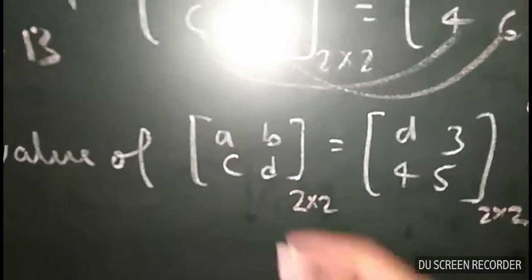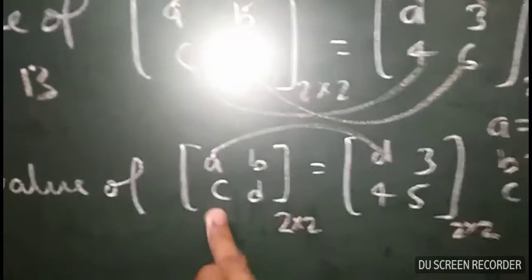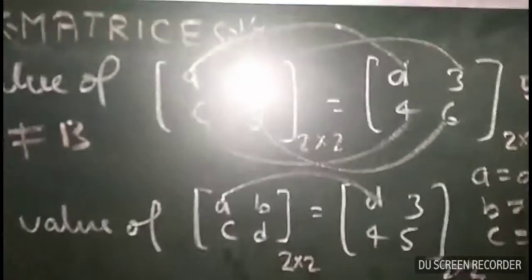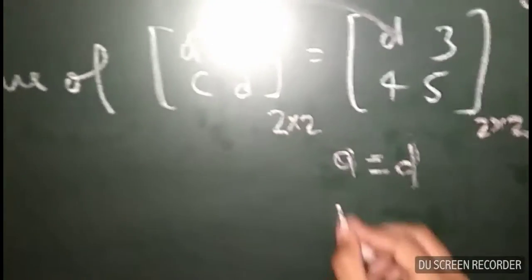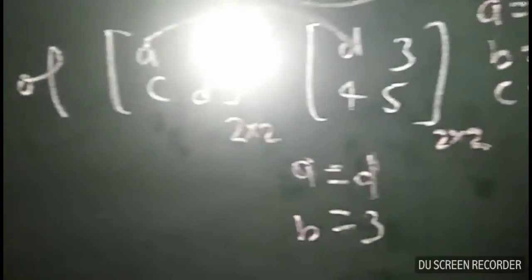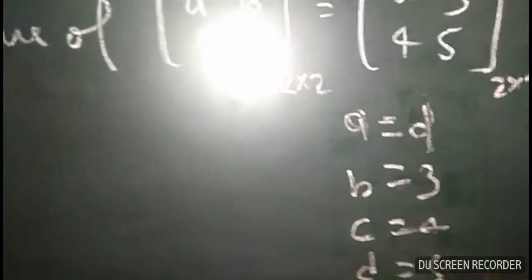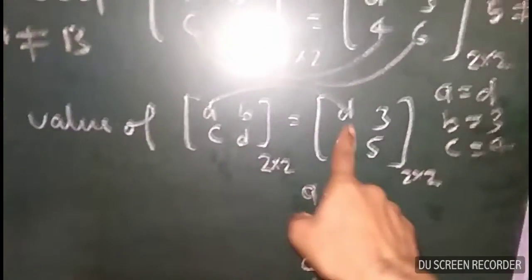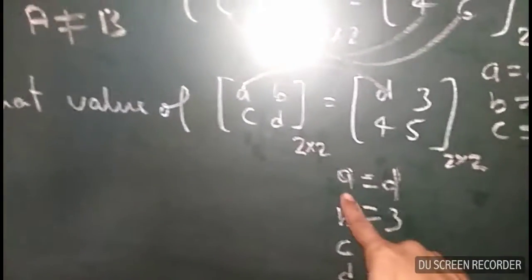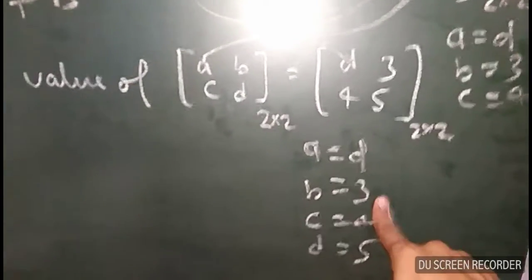Here we say that A equals D. If matrix A is equal to matrix B, then the corresponding elements are equal: A equal to D, B equal to 3, C equal to 4 and D equal to 5. If both matrices are equal, then the corresponding elements are the same.